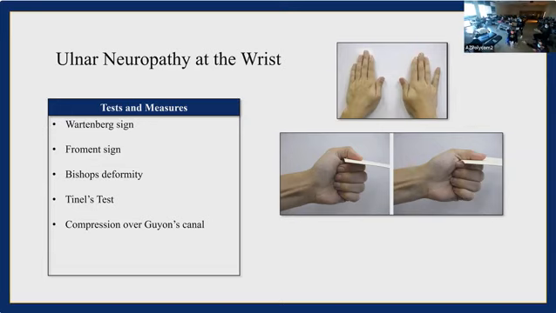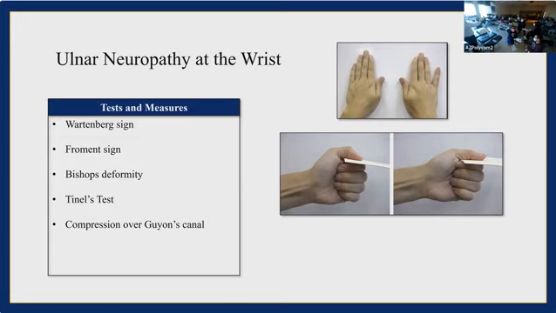If you put a piece of paper out to your partner and have them try to grip it like this, see the picture on the bottom right? If you say, don't let me pull this paper away from you, and their finger stays flat, they're able to activate the muscles that are innervated by the ulnar nerve.